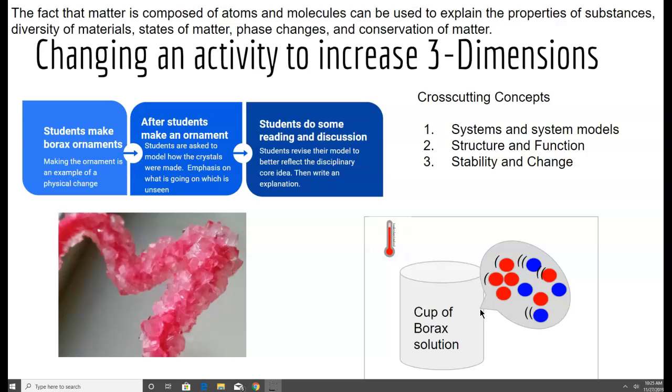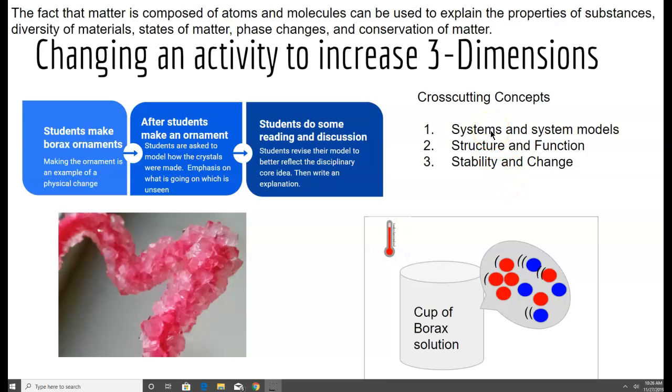Once we have that, and also notice that we had some sort of way of marking whether it was hot or cold because our system here, we would refer to this as a system. We would talk about whether the temperature of the system was high or low because that's important to understand as to why these crystals are being formed. Last, the cross-cutting concepts.